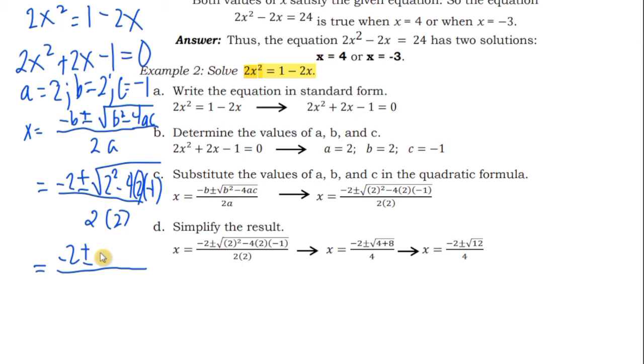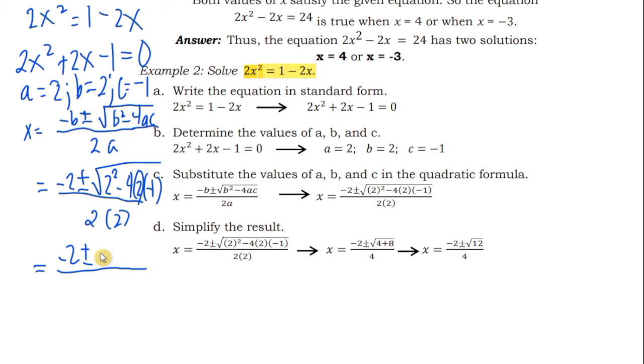So we now have negative 2 plus minus the square root of 12, because 4 plus 8 is 12, all over 4. Then the square root of 12 can be simplified by finding the factors. One of the factors should be a perfect square, so we have 4 times 3. So we take the square root of it.